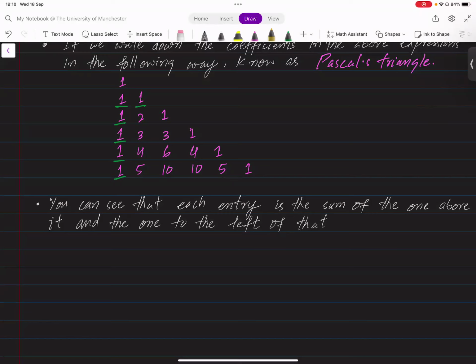Now, 2 is the sum of these two. 3 is the sum of these. 4 is the sum of these two. And 5 is the sum of these.